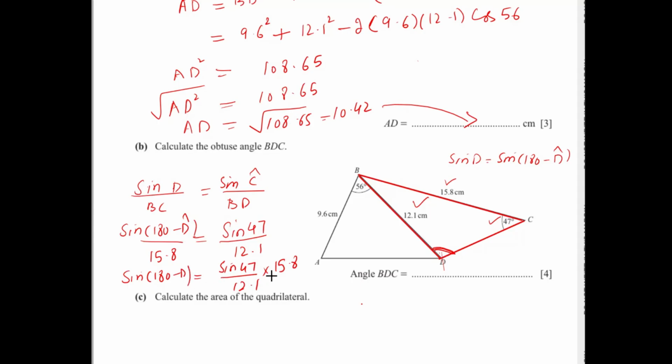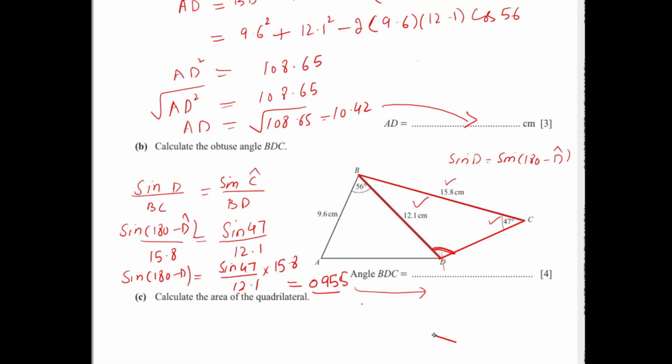Now we will calculate the value of the right side, and this right side value will be equal to 0.955, and we take the sine inverse to calculate the value of D.